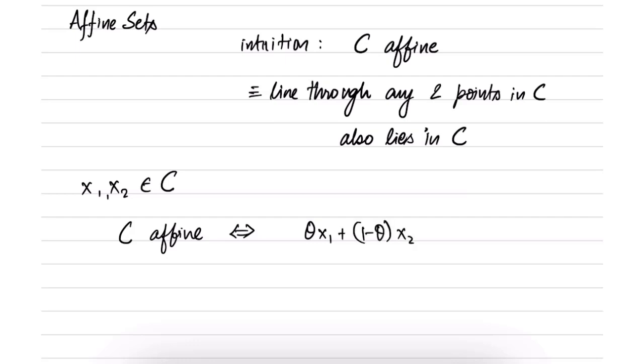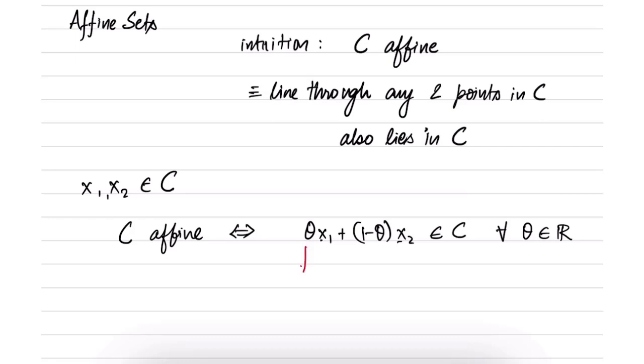So this is the set of points that belong to a line that passes through x1 and x2. So this line also belongs to C, right? And this should hold for all theta that are real, right?